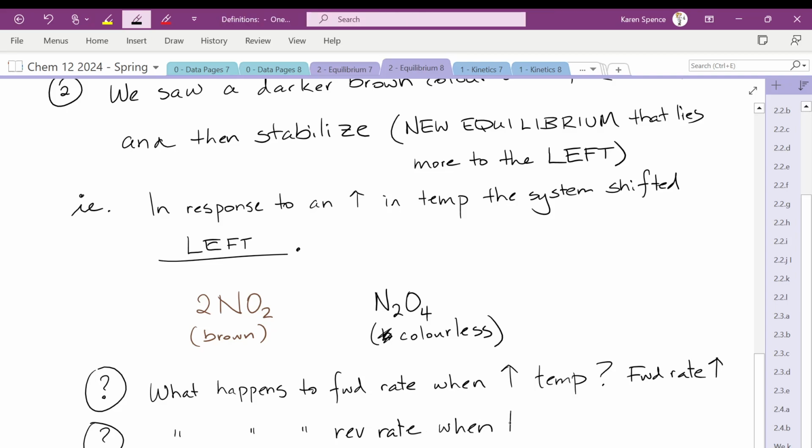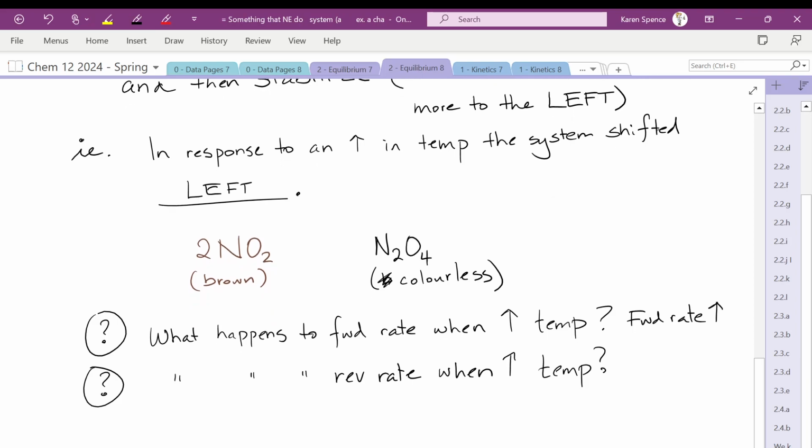Next question. What happens to the reverse rate when we increase temperature? Does the rate increase, decrease, or stay the same? And don't think too hard. Think about how you would have answered this last week.